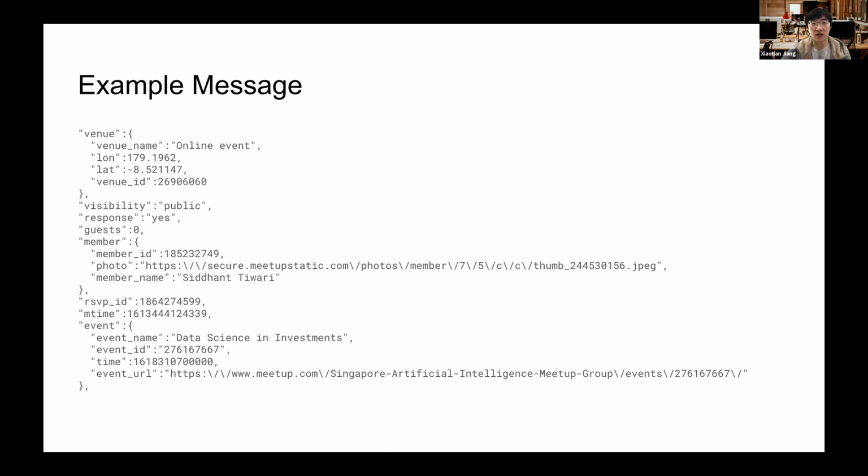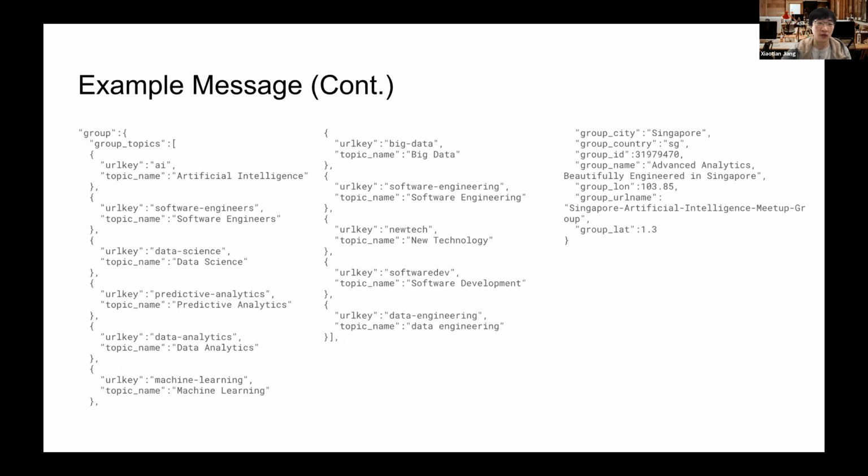Also, there's another very interesting field called group. Inside this group, there's another level of nested array called group topics. It's a pretty big field; except for the group topics, there's also group city, group country, and a bunch of other fields.